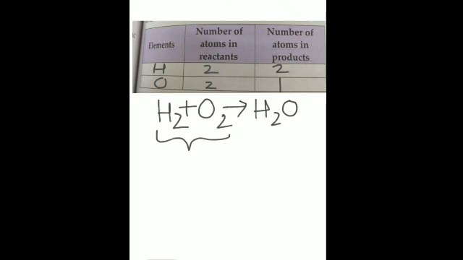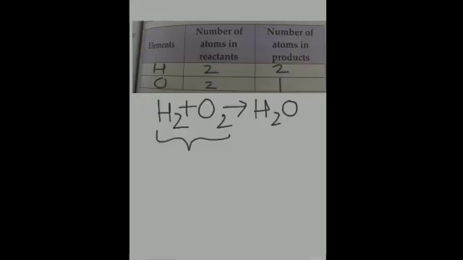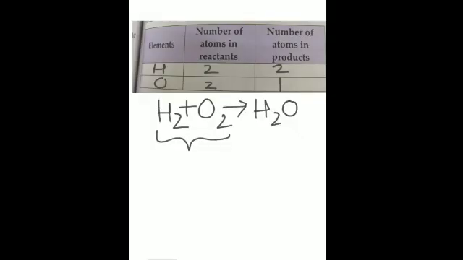So the first example I have taken again: hydrogen plus oxygen gives you water. I have told you step number 1: write the number of hydrogen and oxygen atoms in reactant and product.